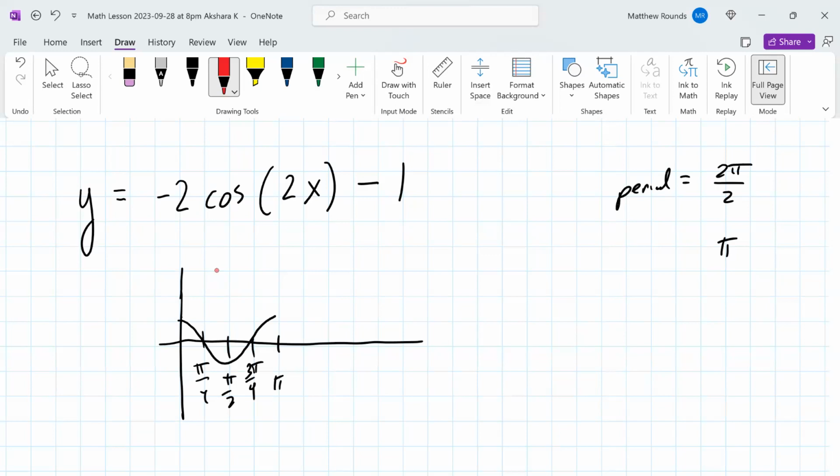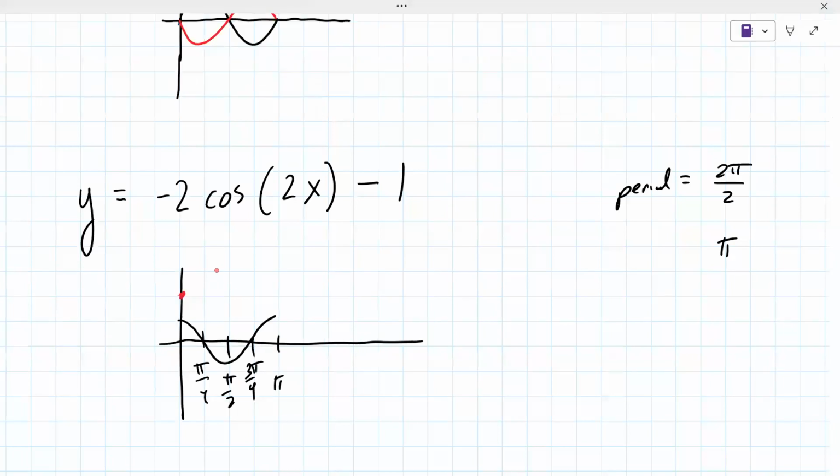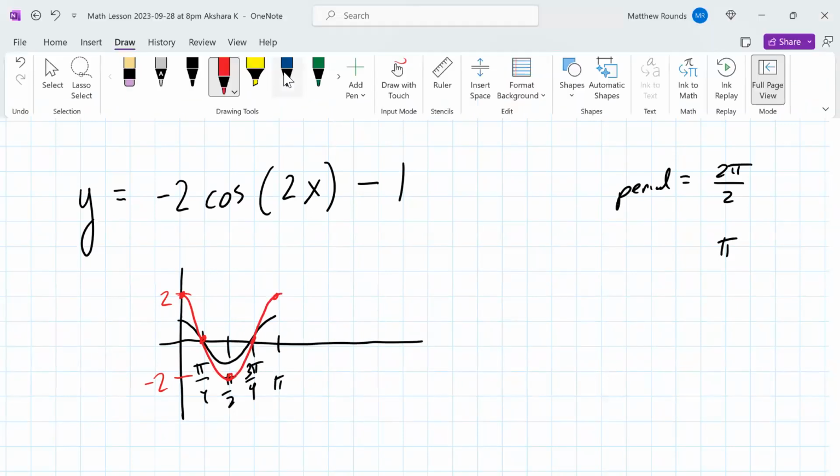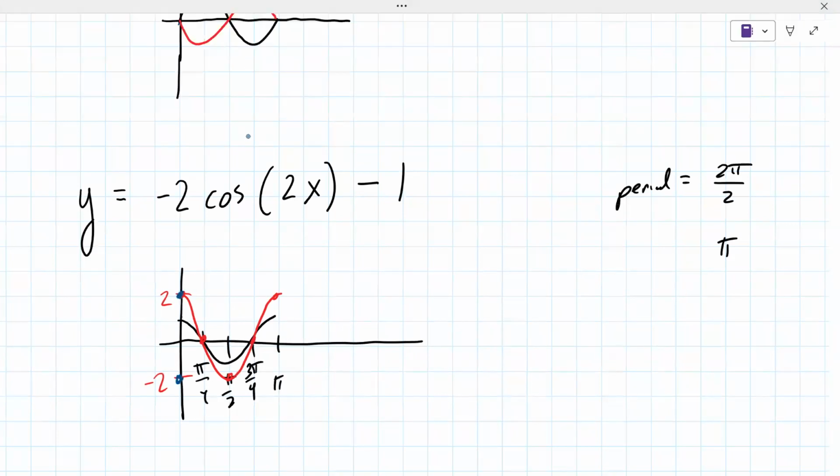Okay, sorry. The next thing is the 2. So it's gonna pull everything up to 2 there and down to -2, like that. All right. And then it's a flip over the x-axis. So this flips down here.